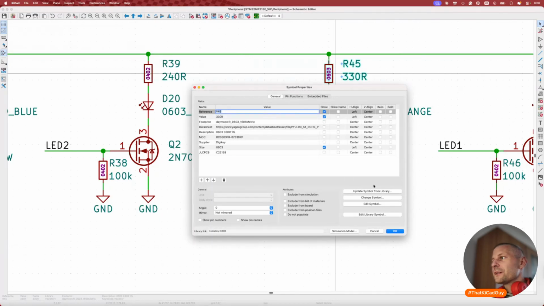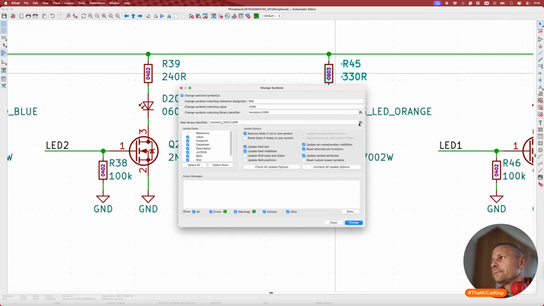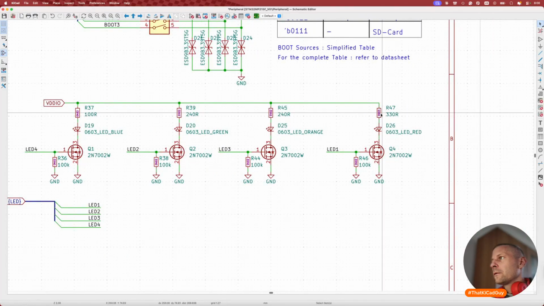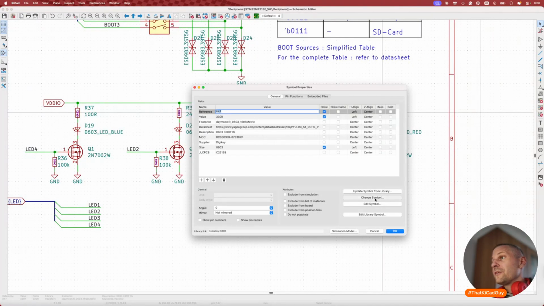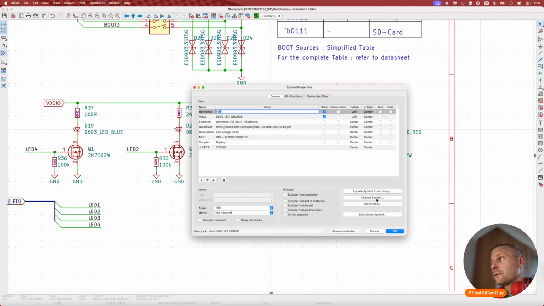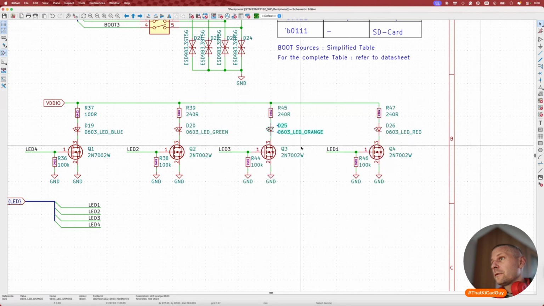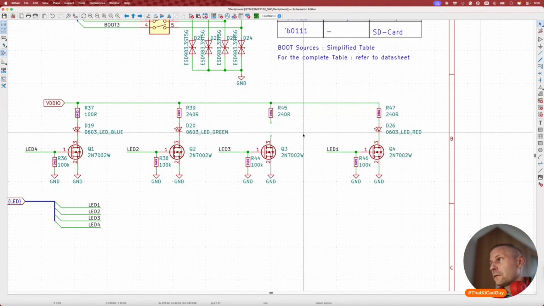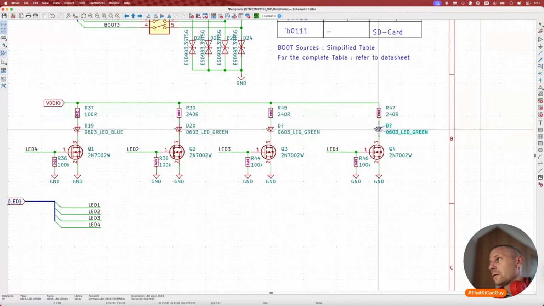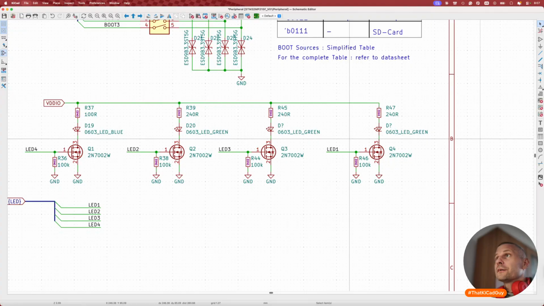And even this, and even this one, because I'm doing this.